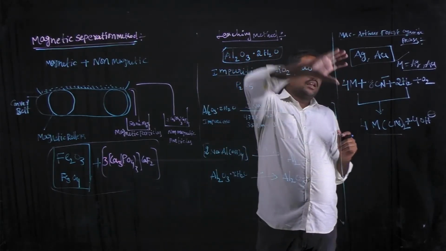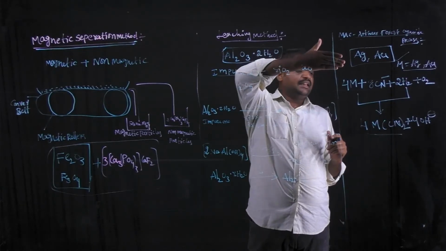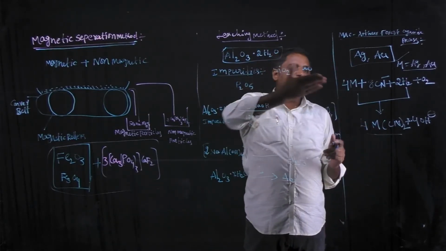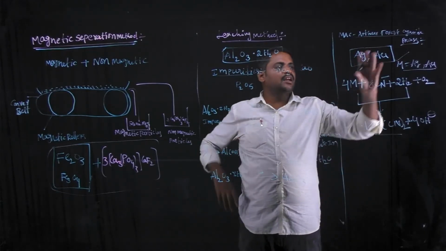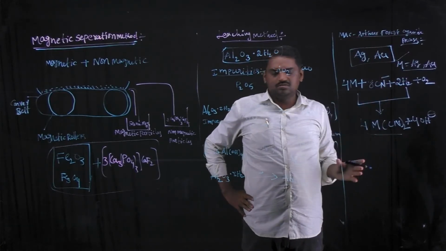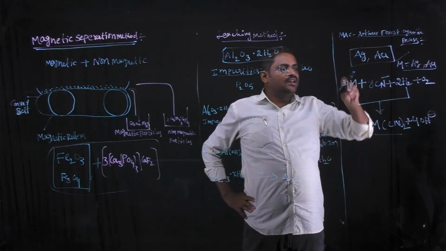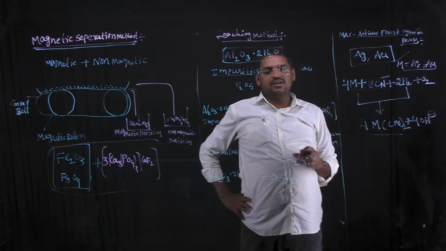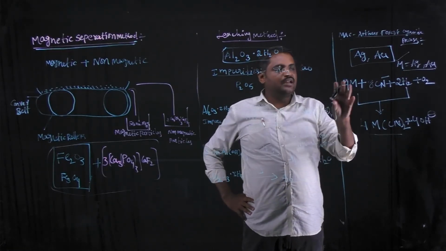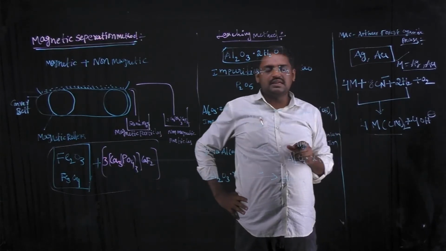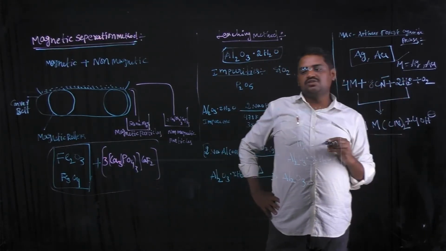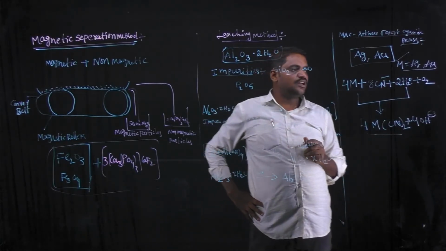So the impure metal is converted to metal cyanide. M is indicated as the impure metal, related to silver or gold. The impure metal reacts with cyanide ions, like sodium cyanide or potassium cyanide, in the presence of water and oxygen.